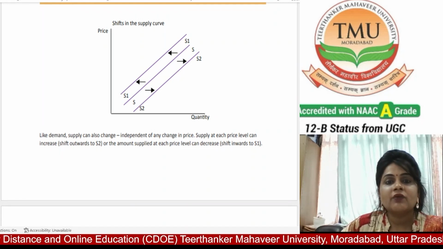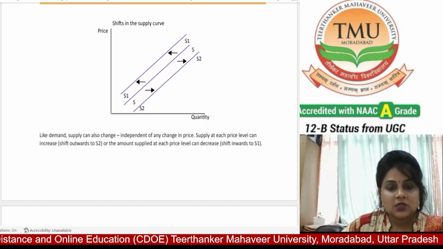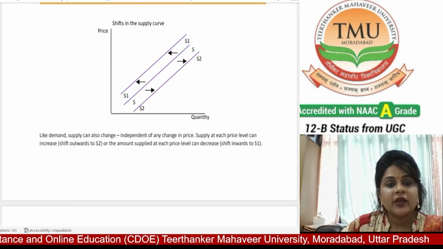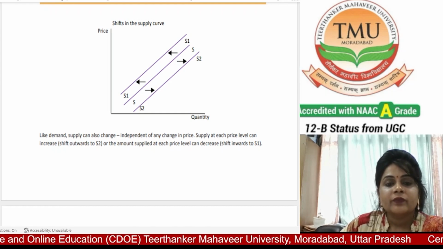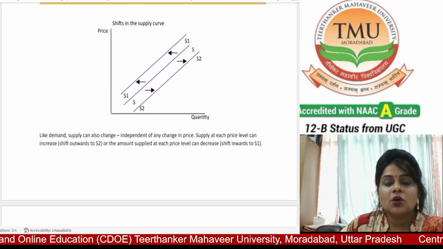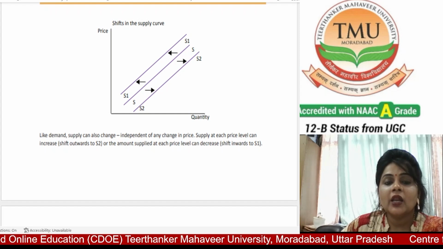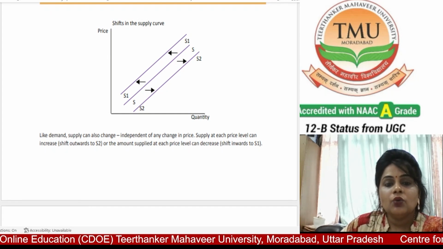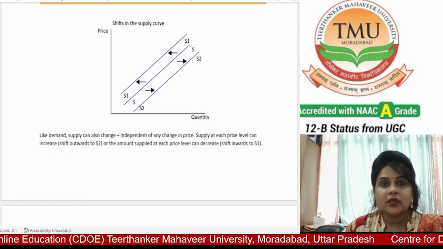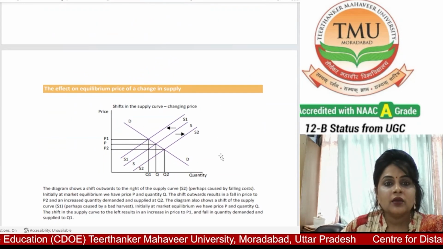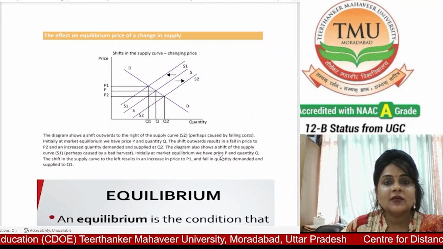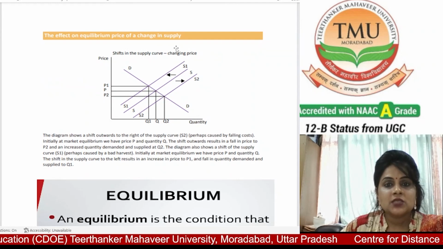This is why the supply curve shifts inward, to the left. When government imposes a tax on a good or service, this too causes the supply curve to shift to the left. And now I think you have understood the supply curve. Now the effect on equilibrium price of a change in supply.